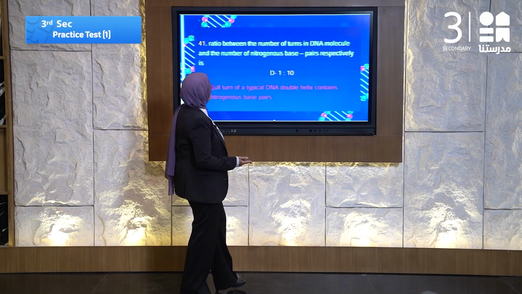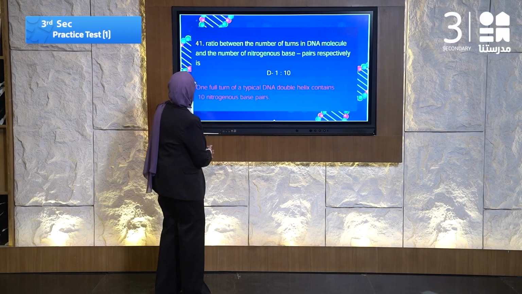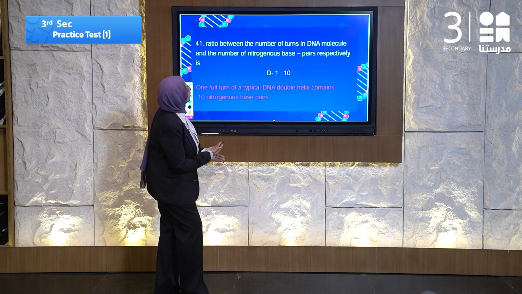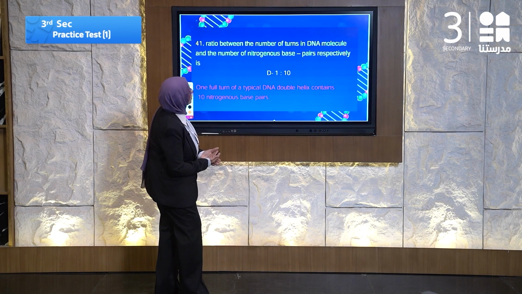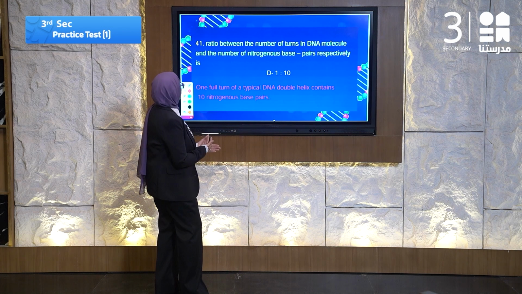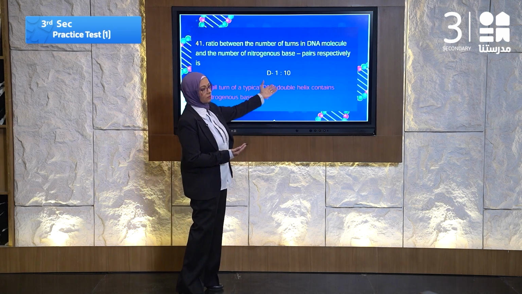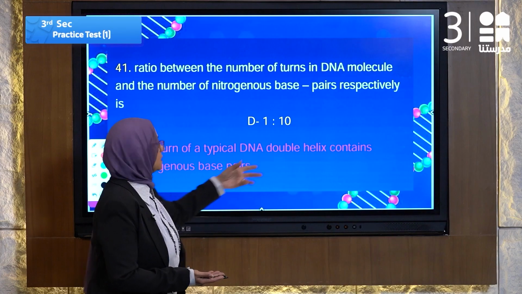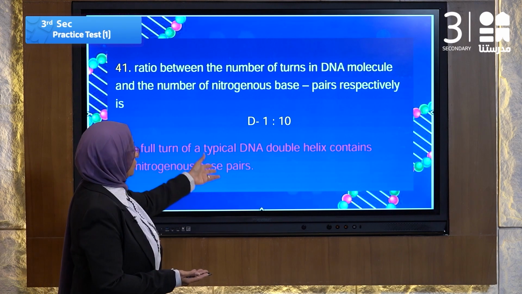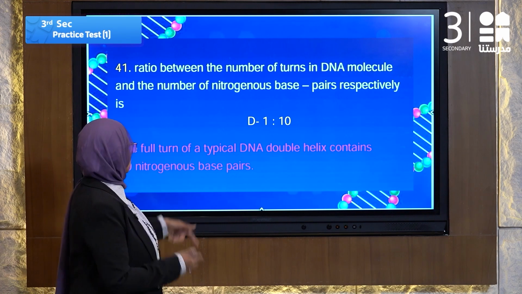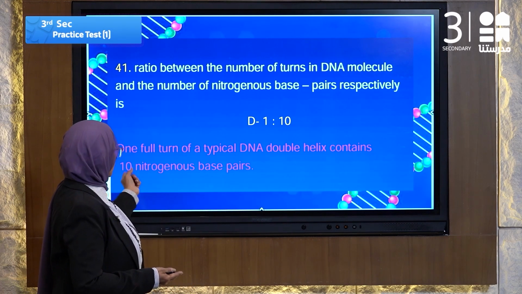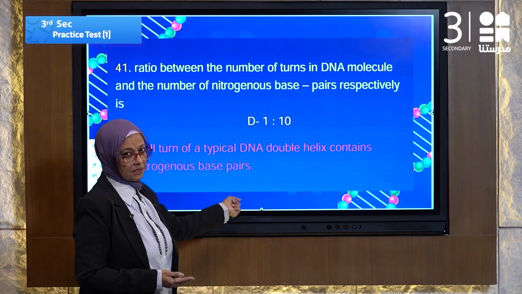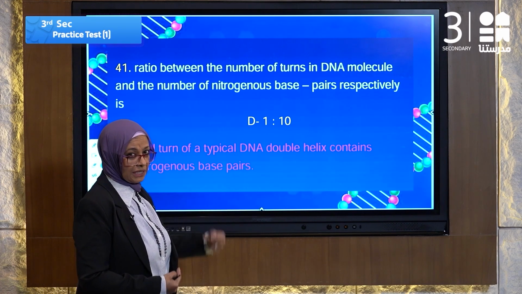Let's answer by calculation. The ratio is 1 to 10. Why? One full turn of the DNA double helix typically contains 10 nitrogenous base pairs.